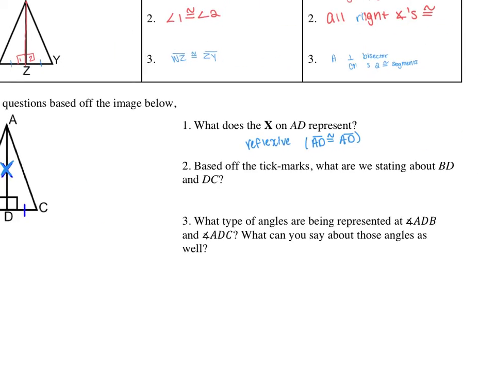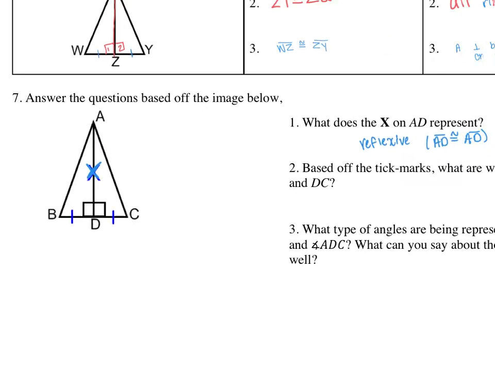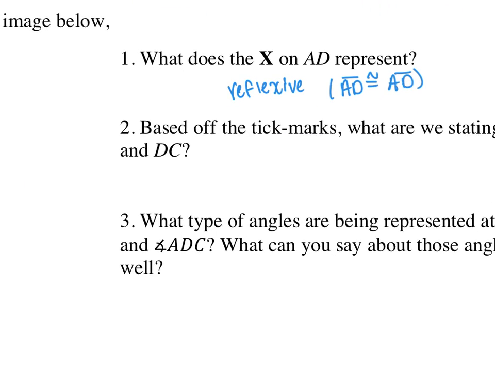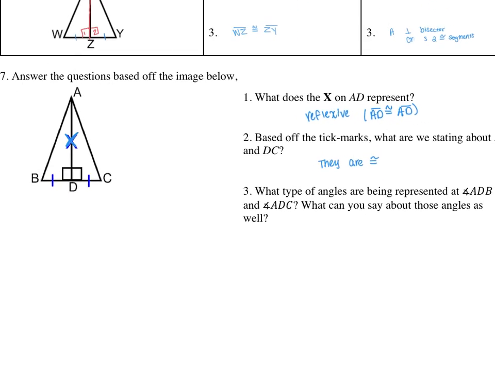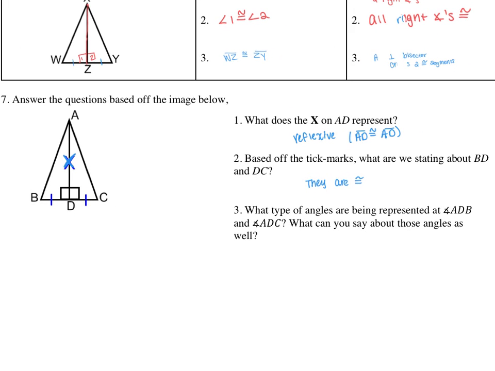If I look based off the tick marks, what are we stating about BD and DC? Well, if they both have one tick mark, we are saying that they are congruent. And then what type of angles are being represented at angle ADB and angle ADC? Well, if I look, they both have that little square.